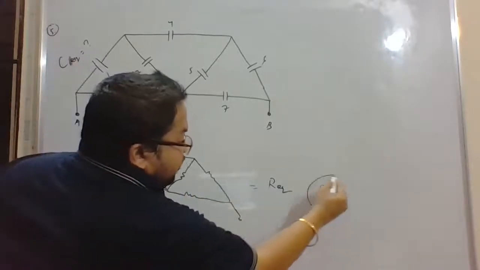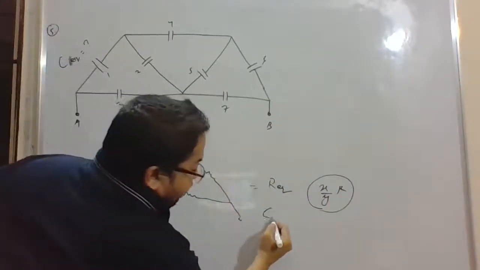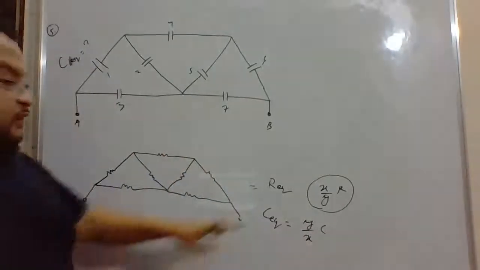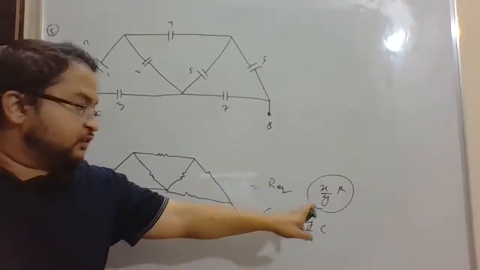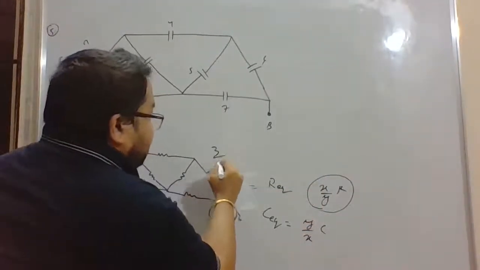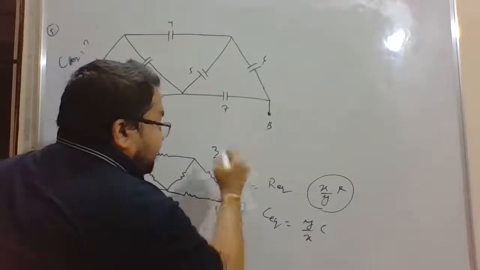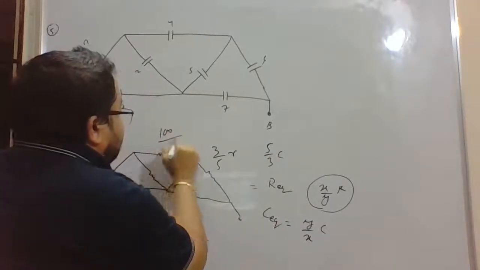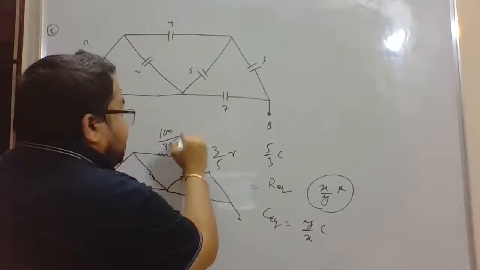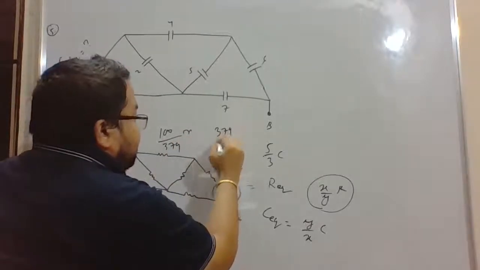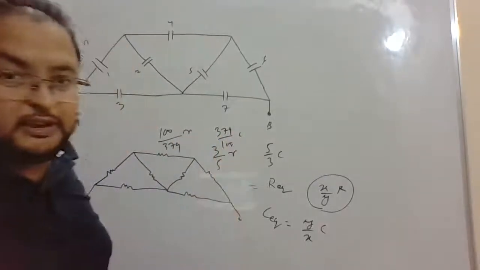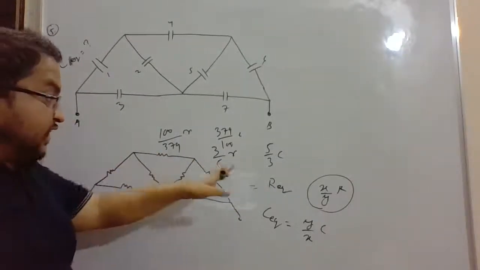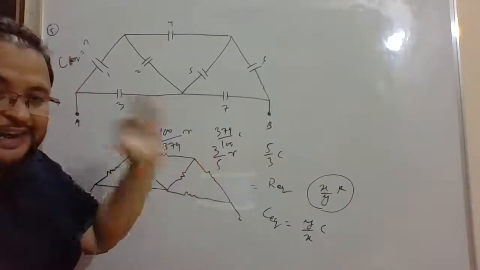Then your C equivalent will be Y by X C. Blindly, you can just reverse it. If the equivalent resistance is 3 by 5 R, the equivalent capacitance will be 5 by 3 C. If it is 100 by 379 R, then it will be 379 by 100 C. So capacitance and resistance will always give reversed numerics. And this will work for an entrance exam.